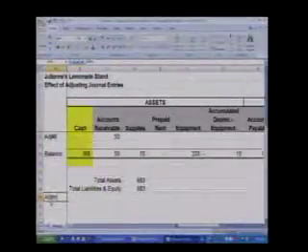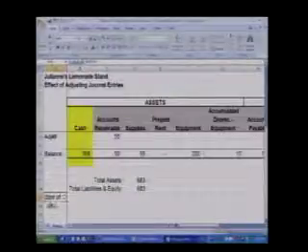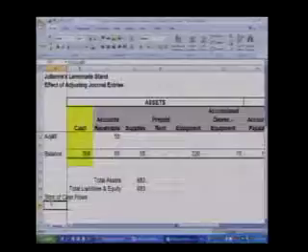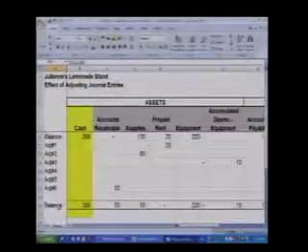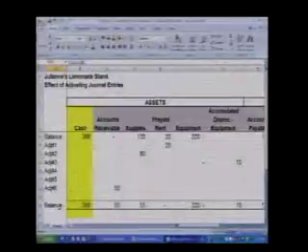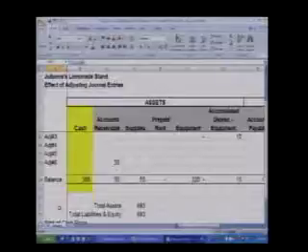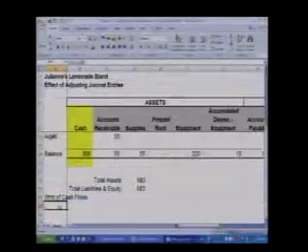Generally on this side they ask you to identify, is that an increase or decrease in cash, and why? Is that operating activity, financing activity, or investing activity?